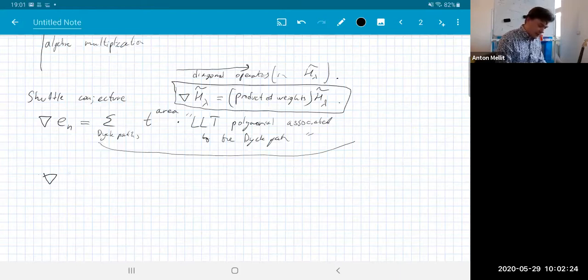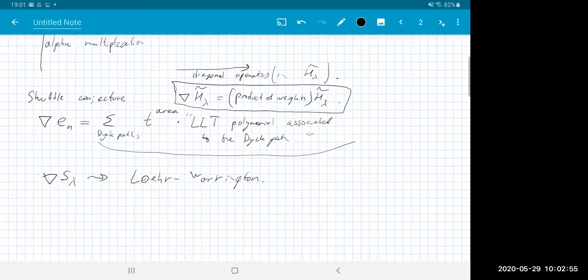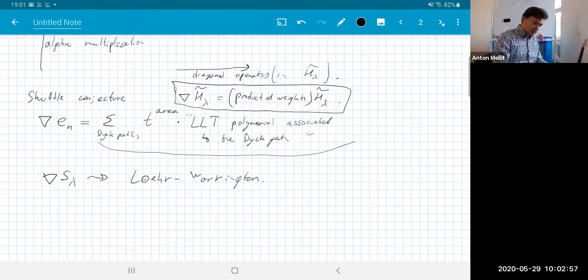So yeah, I have to refer you to the Loehr Warrington paper. Instead of enumeration of Dyck paths, they consider some kind of nested Dyck paths. Yeah. Okay, thanks. Okay, so there is also nabla of whole Littlewood and other things.